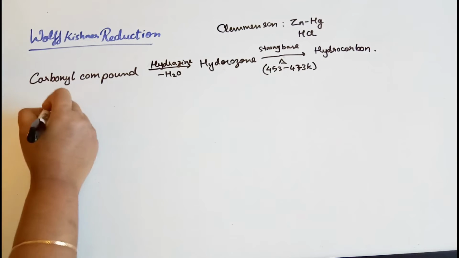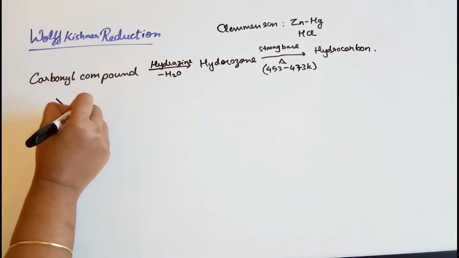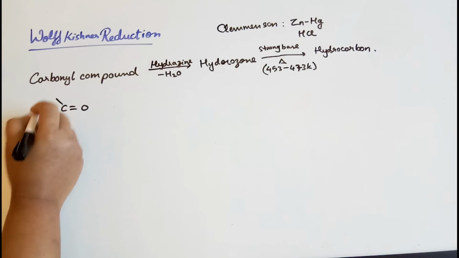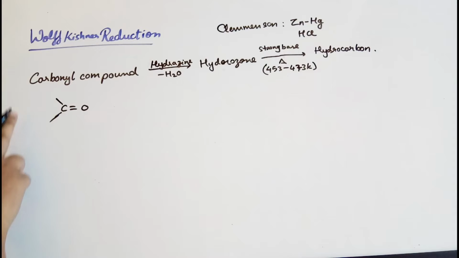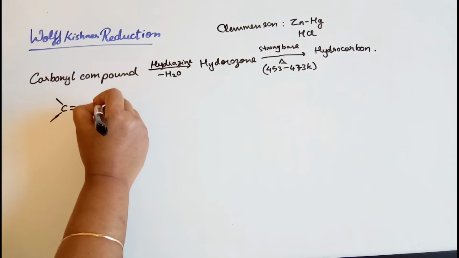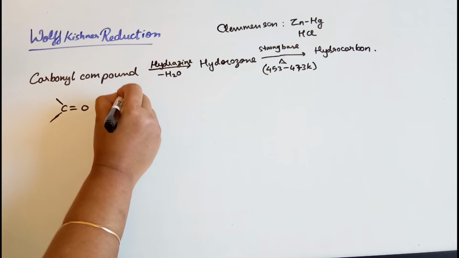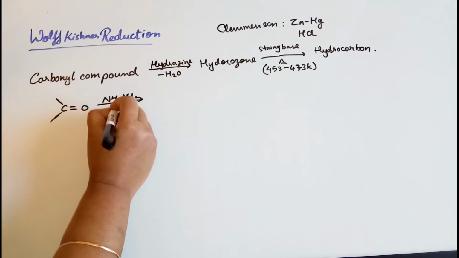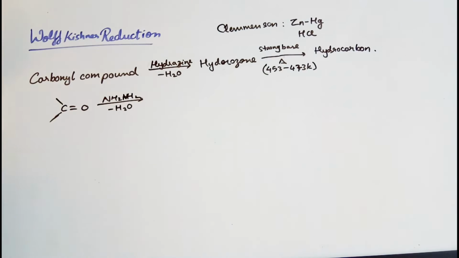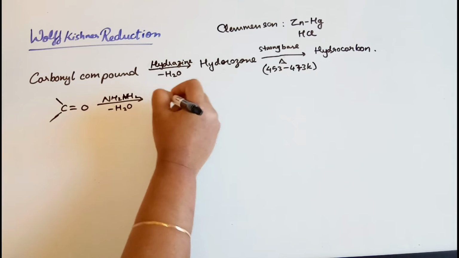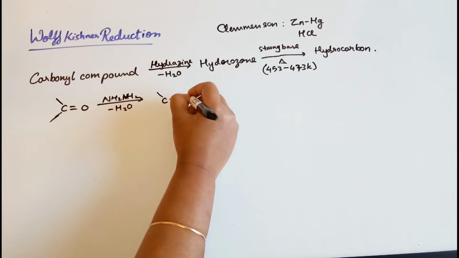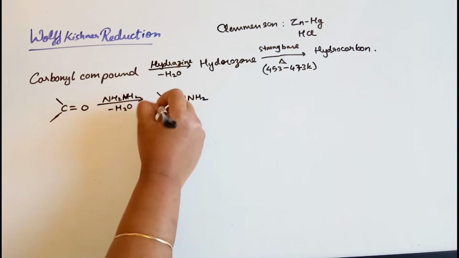So let's take the general reaction. We're taking a carbonyl compound. Like I told you, if both of these are R groups, it's a ketone. If one of them is R and the other is H, it's an aldehyde. So this is reacting with hydrazine, and this leads to the loss of water. And this forms the hydrazone, with NH2.